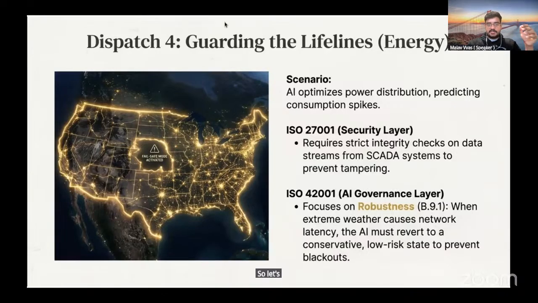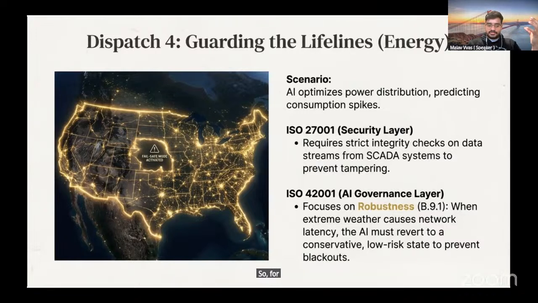So let's take this scenario. It's a well-known fact that electricity usage is not constant. In winter, you're using a lot of electricity to start your heater. In summer, you're using it for air conditioning, right? On one day, it might get really hot. That's where you are drawing a lot of power from the grid.